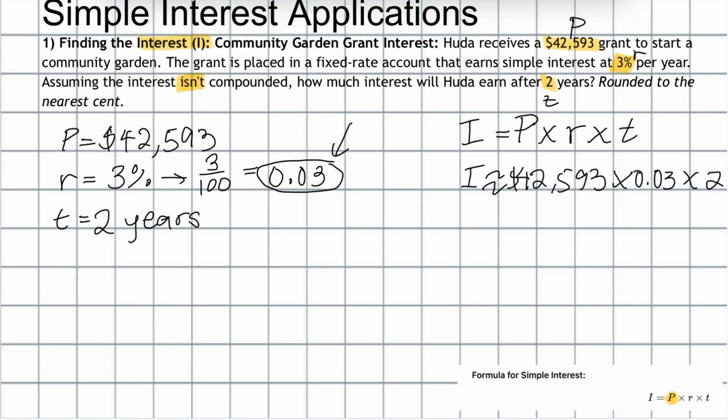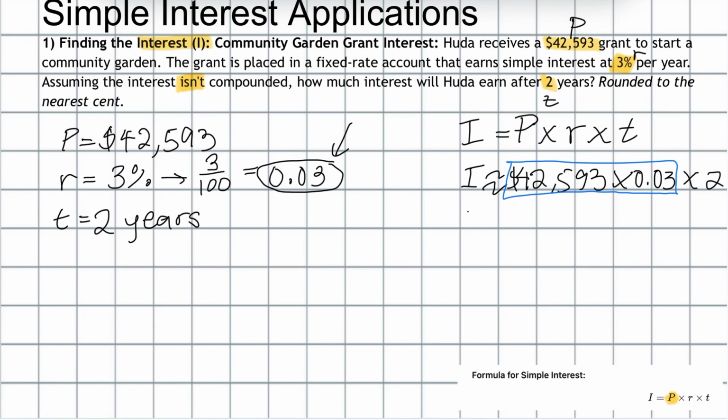Something very important that we should take into consideration is that we should start multiplying from left to right. So in this case, we're going to multiply first 42,593 times 0.03.